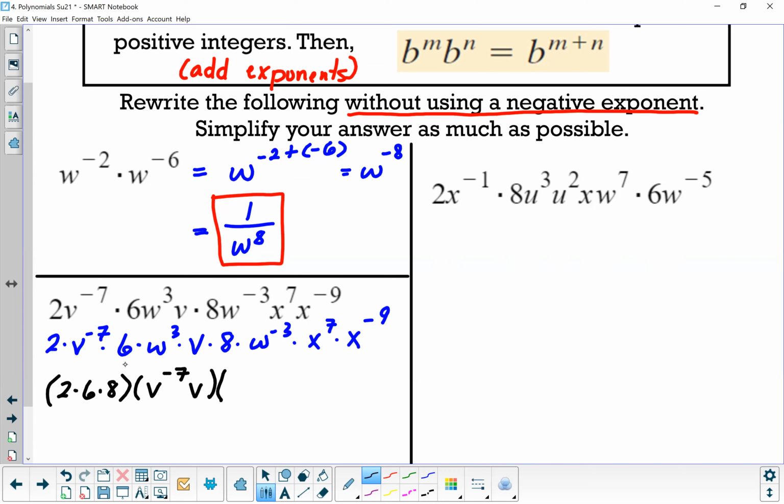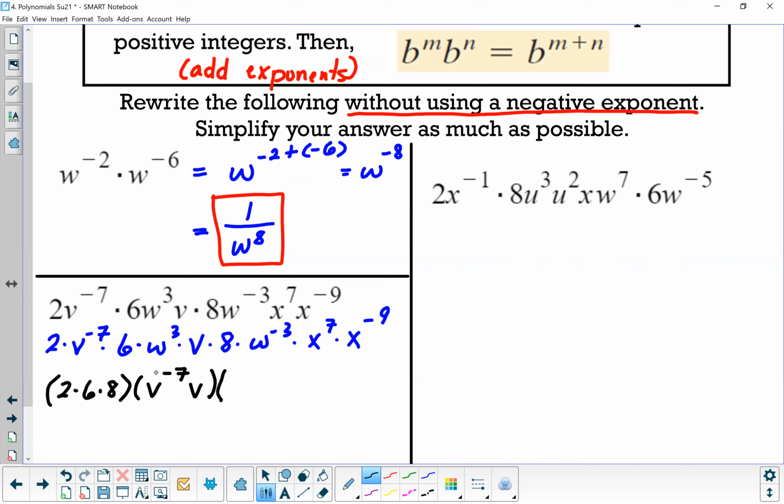And then everything that has a w, and then everything that has an x, as a group. Because I can simplify that. And so 2 times 6 times 8 gives us 96.